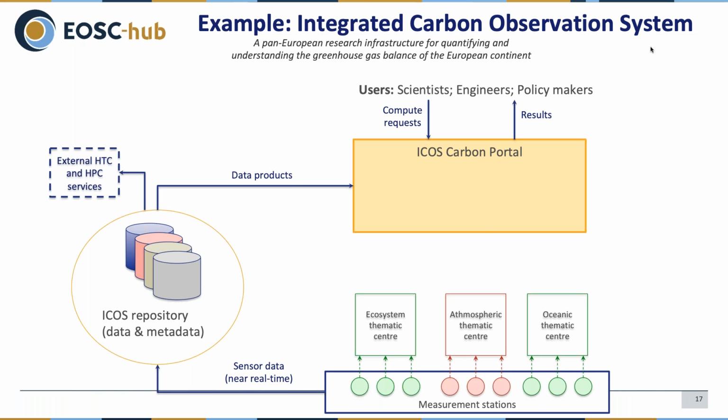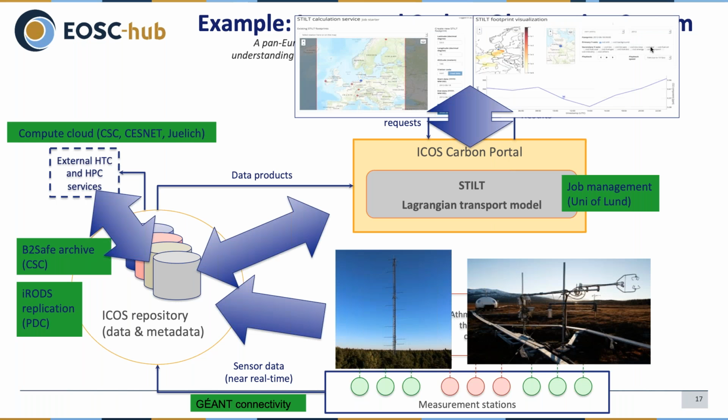These researchers interact with the whole system through a carbon portal, and through the EOSC-hub collaboration and the EOSC-hub project, the ICOS research infrastructure on one hand is using the GÉANT connectivity to pump the data from the measurement stations into data centers where the data is stored and archived.